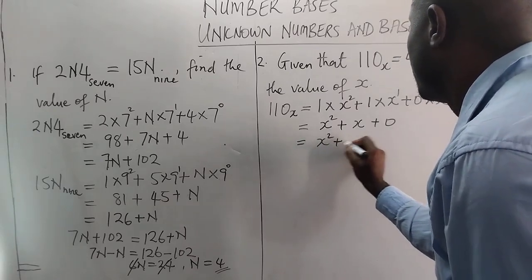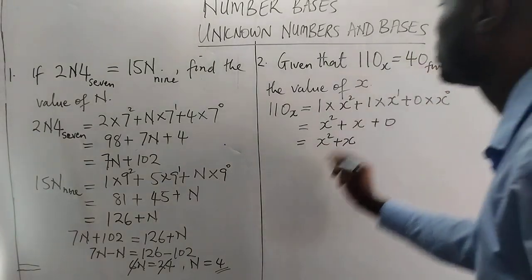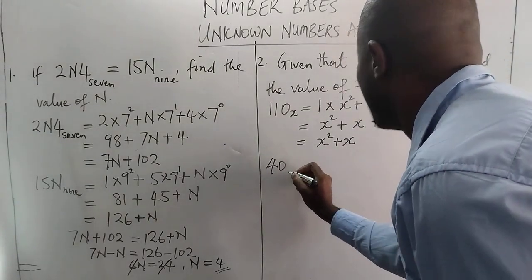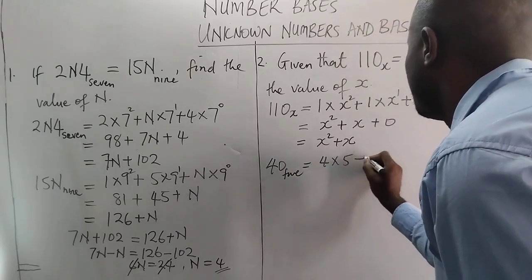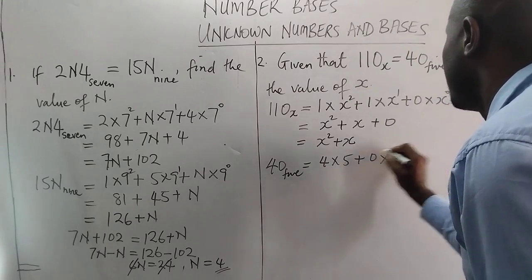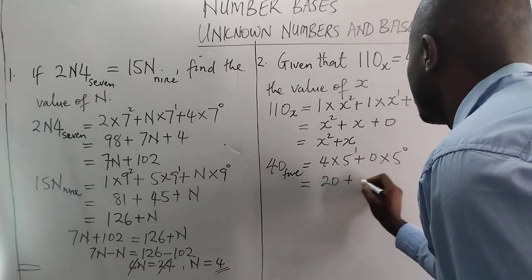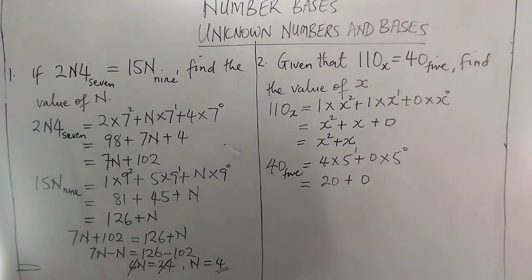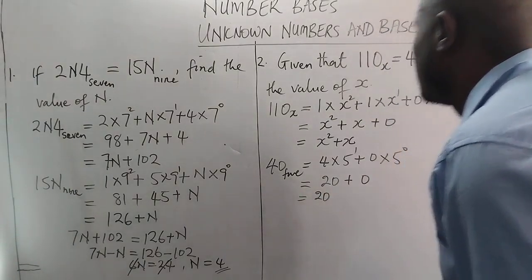So this is what the conversion gives us. Then to the other side, we'll have 4 times 5 plus 0 times 5 to the power 0. Assign powers, 20 plus 0. And that will give us 20.